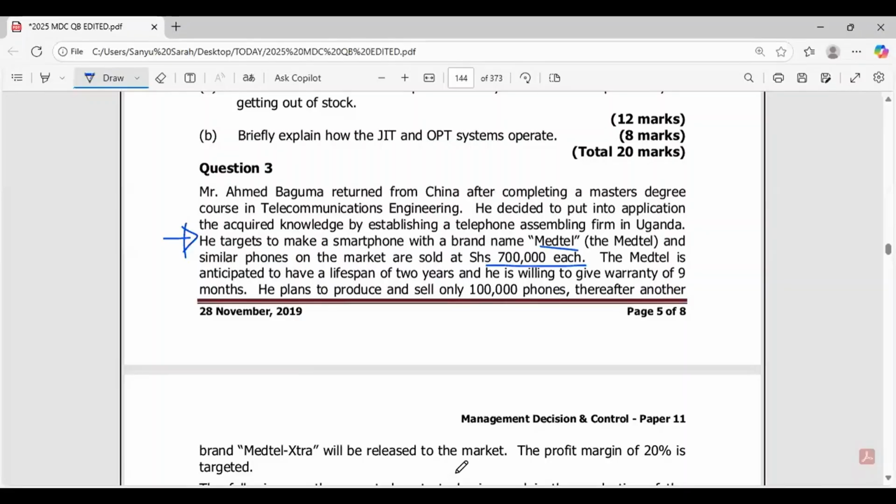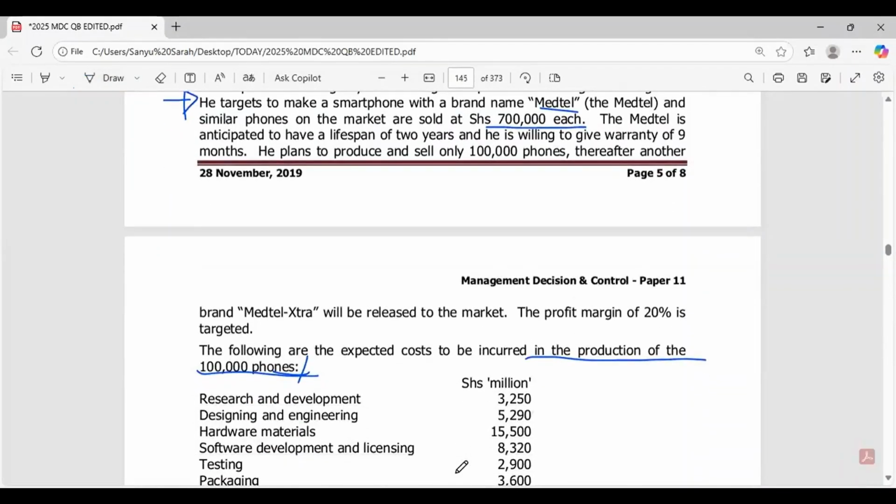The Medtel is anticipated to have a lifespan of 2 years and he is willing to give a warranty of 9 months. And he plans to produce and sell only 100,000 phones. Thereafter, another brand, Medtel Extra, will be released to the market. The profit margin of 20% is targeted.